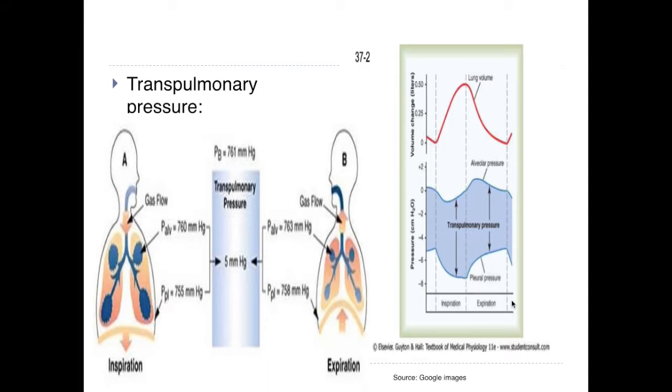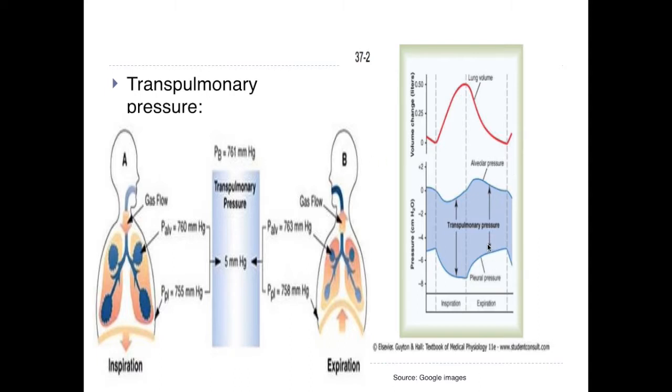It is the measure of elastic forces in the lungs that tend to collapse the lung at each moment of the respiratory cycle, and that is also known as recoil pressure. It is less at the bases and therefore lungs are less expanded at the bases.